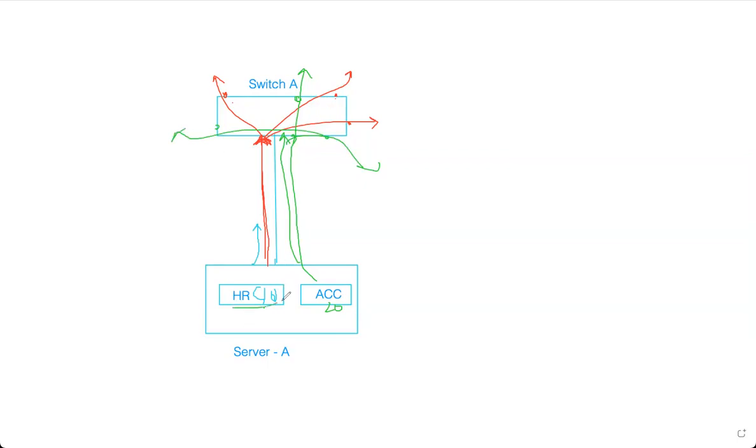So on the HR side and on the accounting side, it's their responsibility to tag with whatever we tell them to tag. If a user comes in and asks me, hey, I'm in a specific location and I'm coming from the HR department, what should be my configuration? Okay, so your IP should be, your subnet mask should be, your gateway should be, and your VLAN should be.